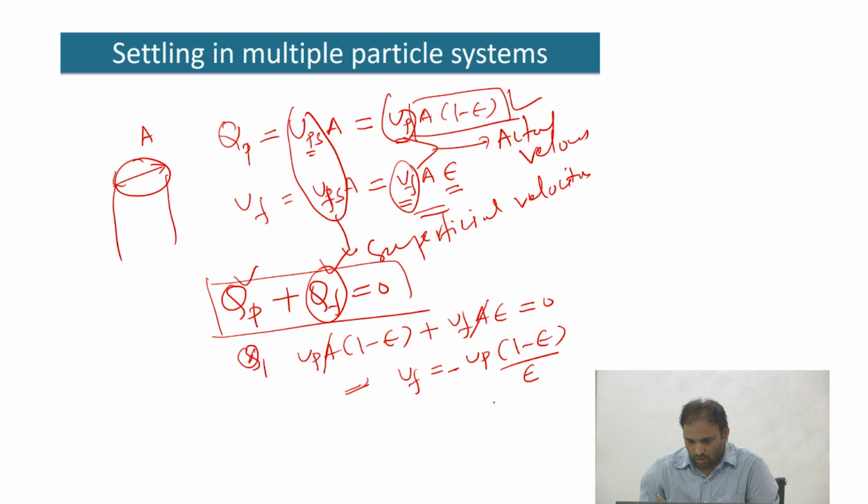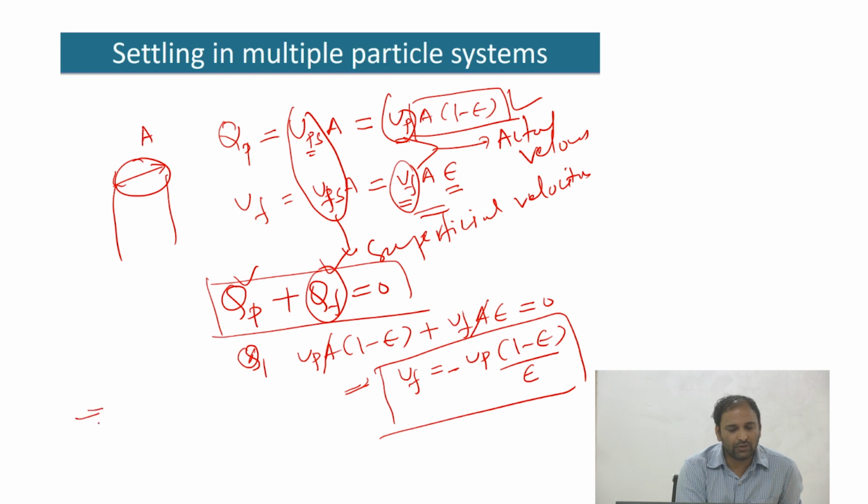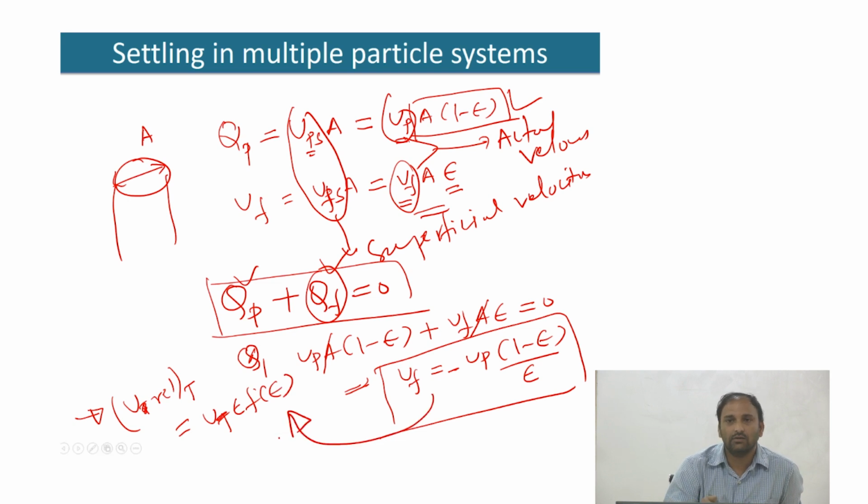Now with this, I'm going to go back to the equation that we developed, which was U relative T. U relative T was UT times epsilon times f of epsilon. We had this expression, so I'm going to substitute this back here.